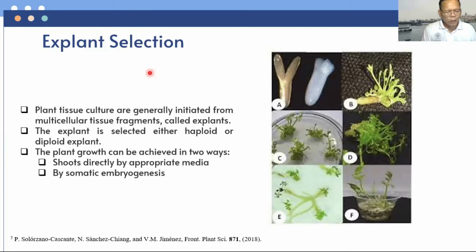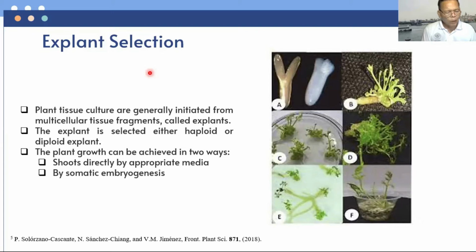cotyledon, embryo, or meristem. In biology, explant culture is a technique to organotypically culture cells from a piece of tissue or organ removed from a plant or animal.